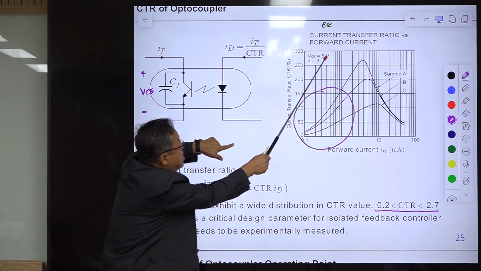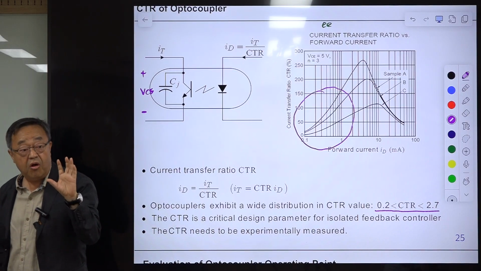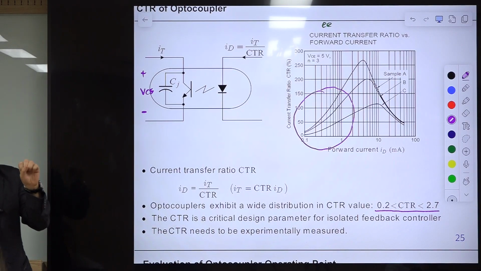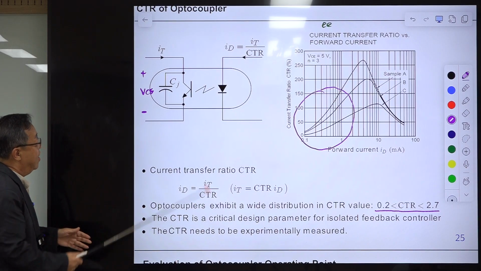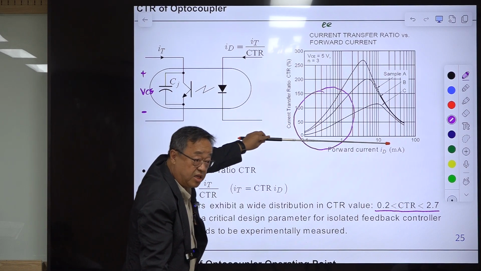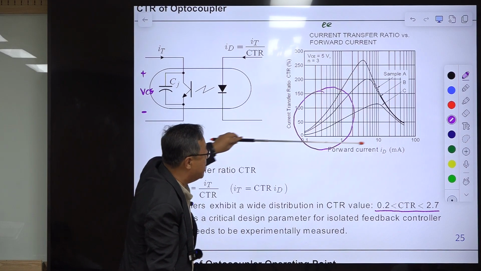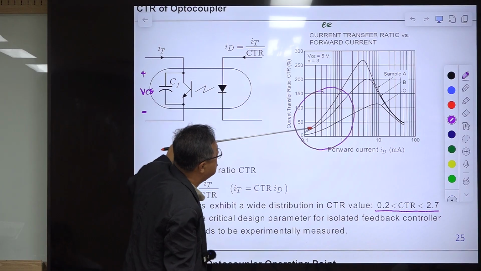This is fixed, and N is related with some number related with the PN junction. I don't know the details about that, but this is fixed, right? Everything is fixed, and this CTR changes as a function of ID. ID varies from here to there, then the CTR changes.